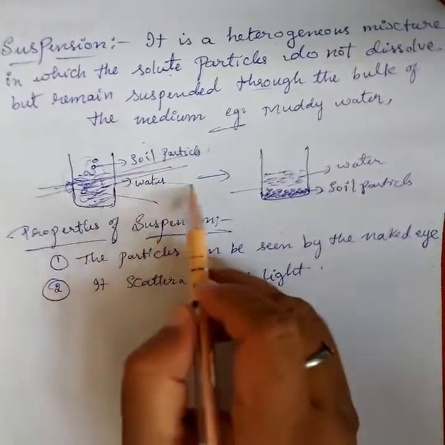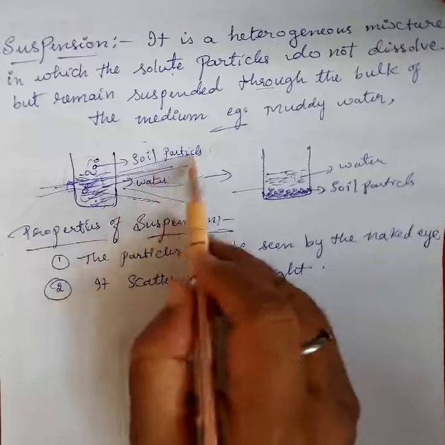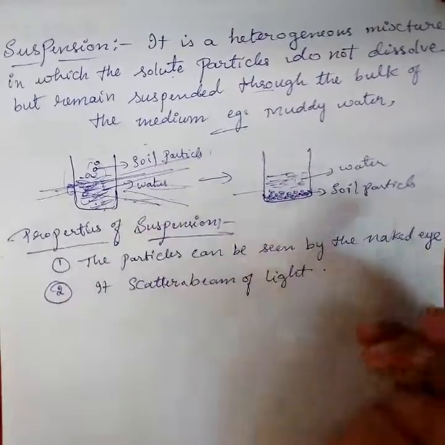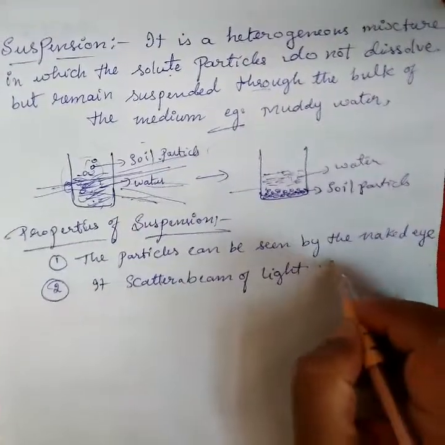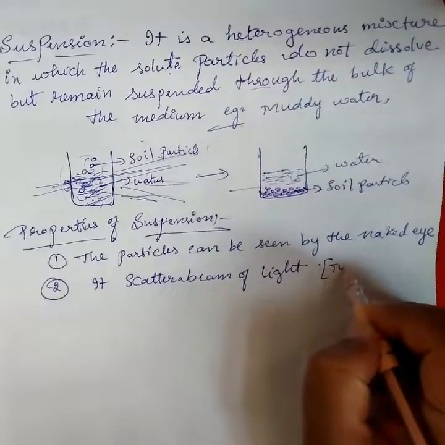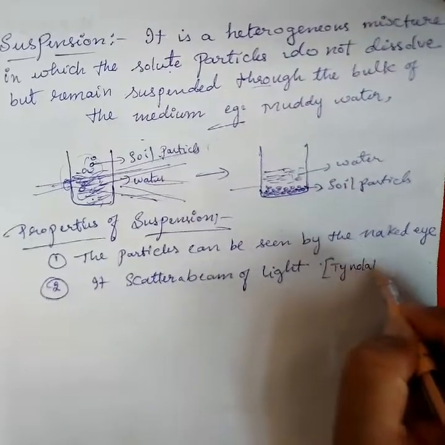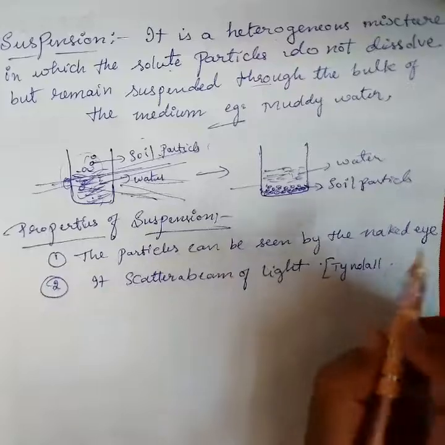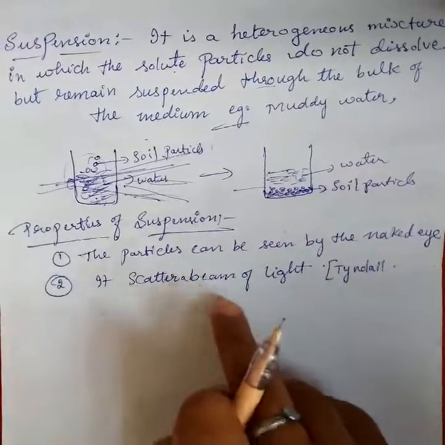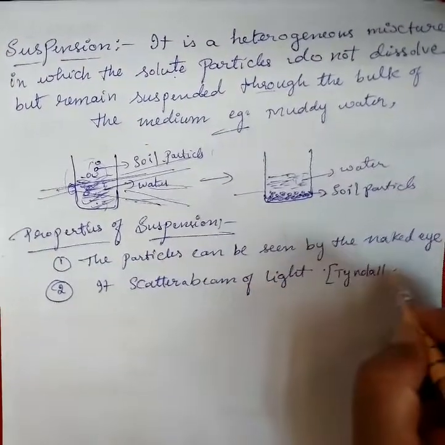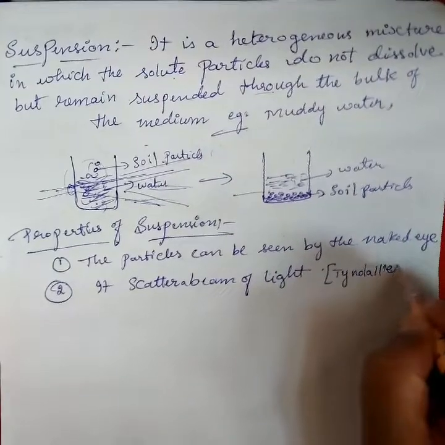That is called the Tyndall effect. As already told, a true solution does not show the scattering of a beam of light, but a suspension shows the scattering of a beam of light, called the Tyndall effect.